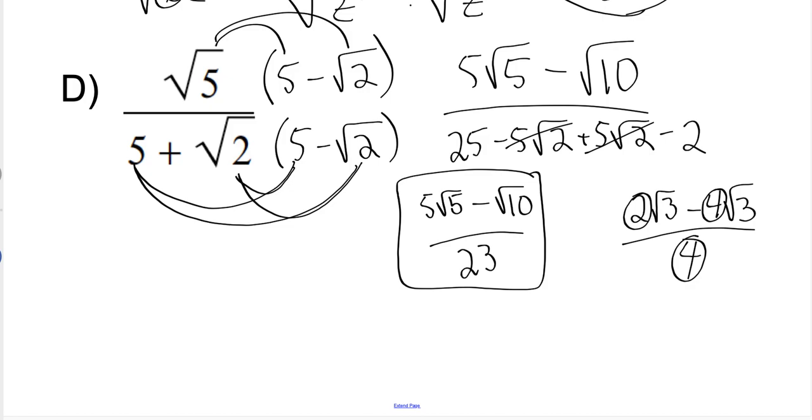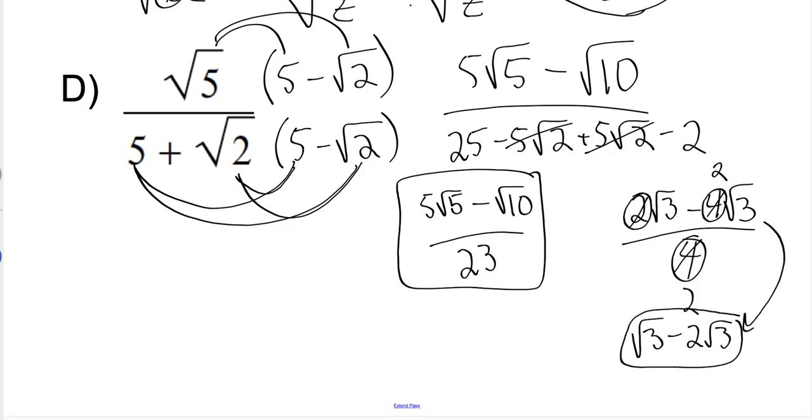Since these are all even, I would take a 2 out of everything, and this would be like this. I can't take that 2 out of there because I'm not doing it out of there. So that would be breaking operations if I only did it to one thing. So that's what this would look like if I simplified it.